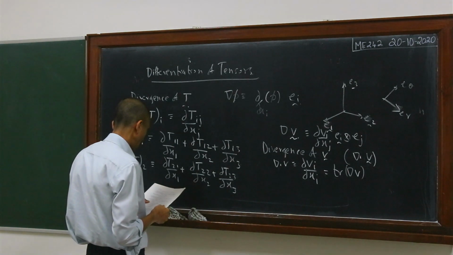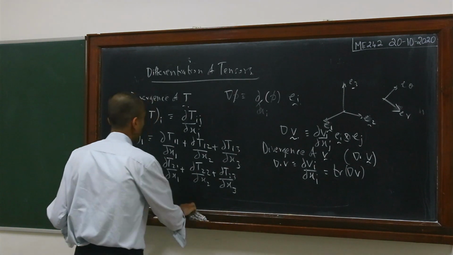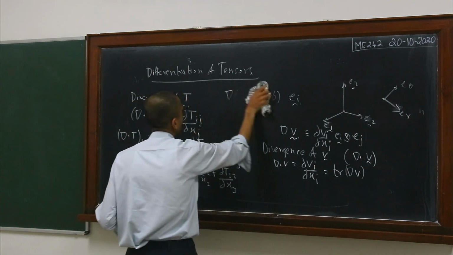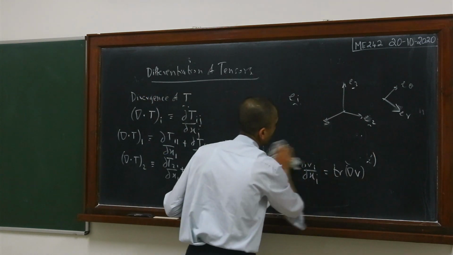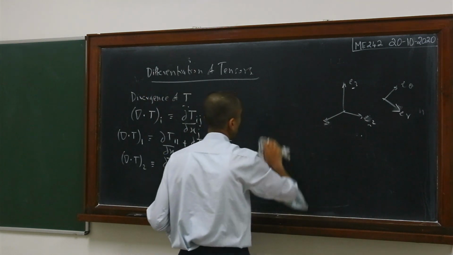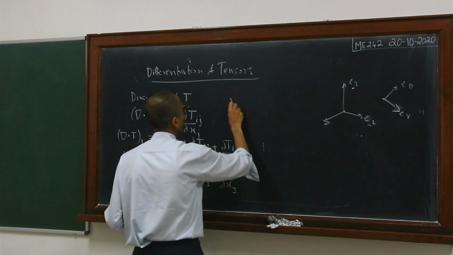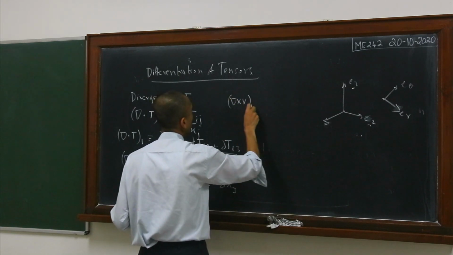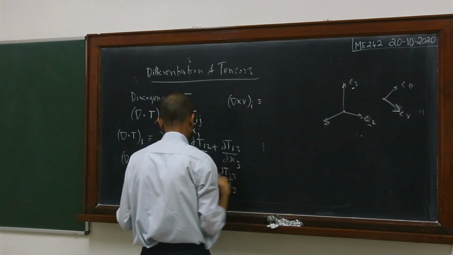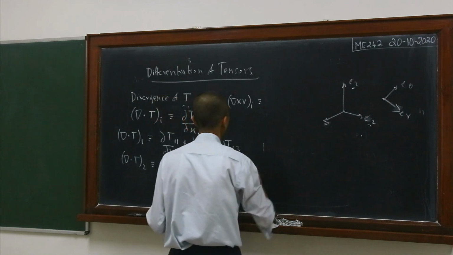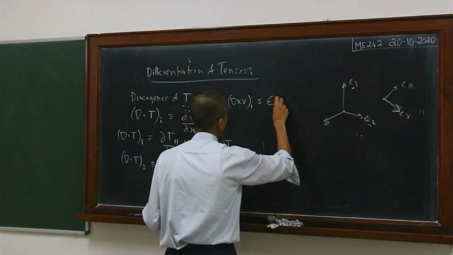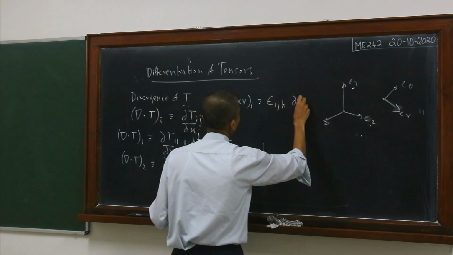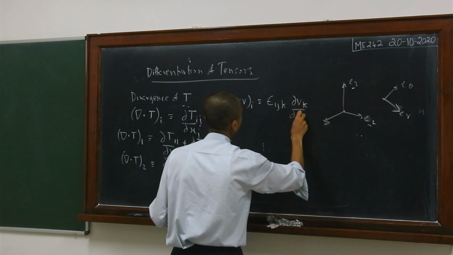So we'll now define the curl of a vector. Write that here. Del cross V, the i-th component, you can write as epsilon i j k del V k by del x j.